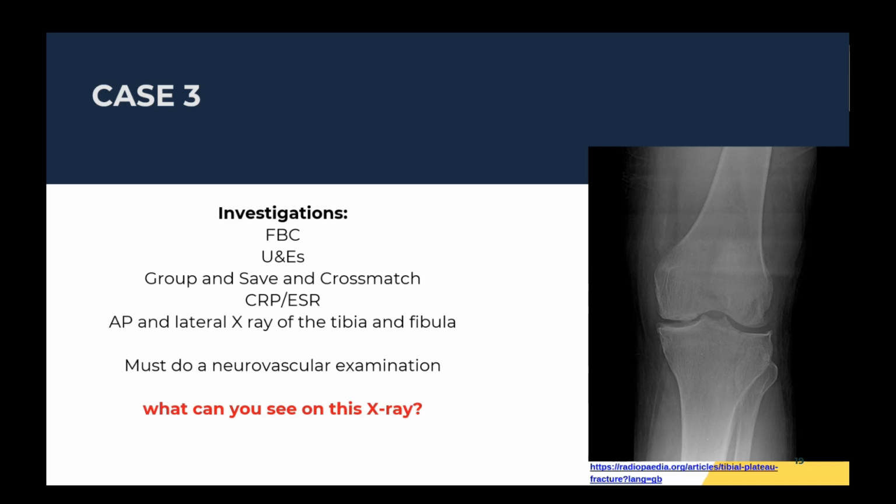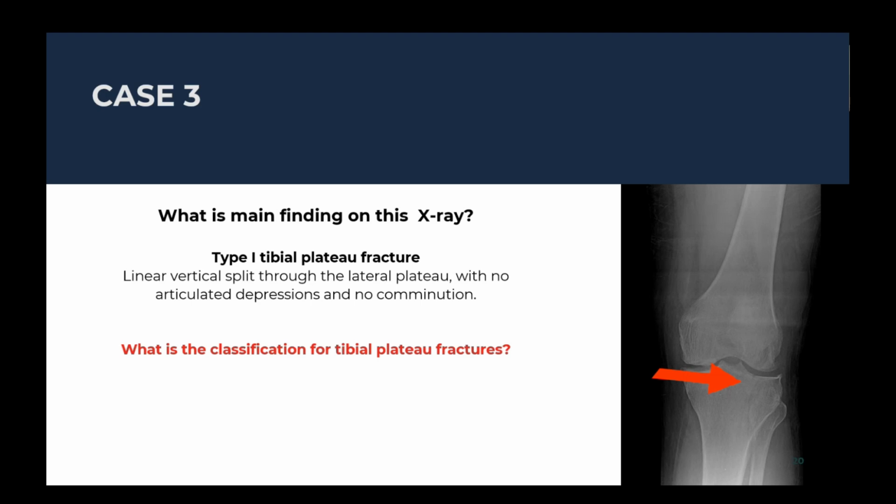Lateral tibial plateau fracture. Yeah, perfect. Okay, let's move on. Yeah, it is a type 1 tibial plateau fracture. You can see the arrow pointing towards it, it is just a split through the lateral plateau, and there are no depressions or comminutions.